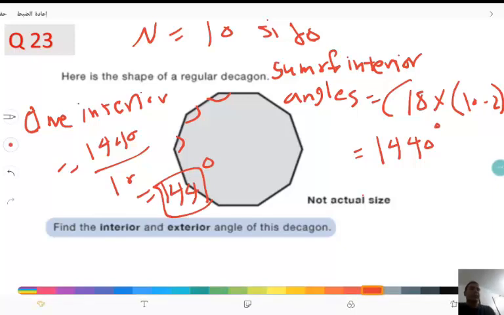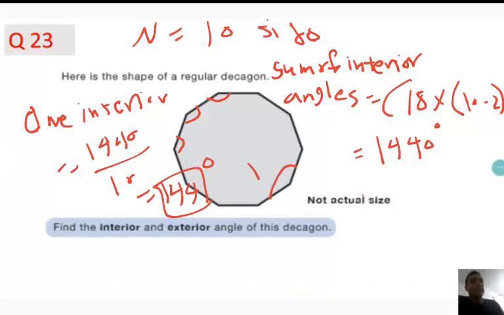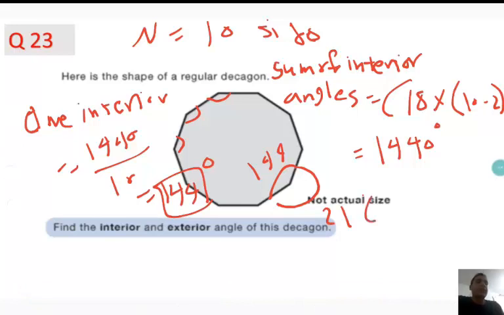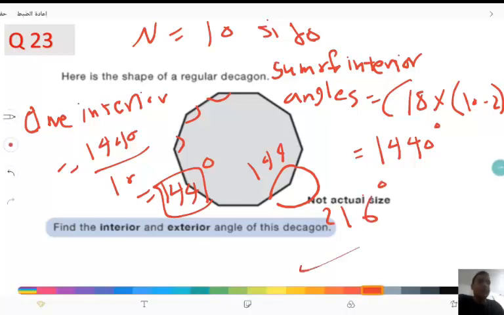That's it. If the interior one is 144, the exterior one is 360 subtract 144, which is 216 degree. This is the exterior, and this one the interior.